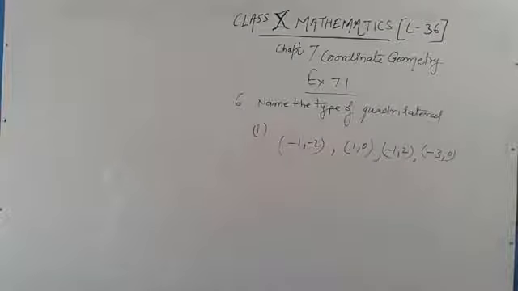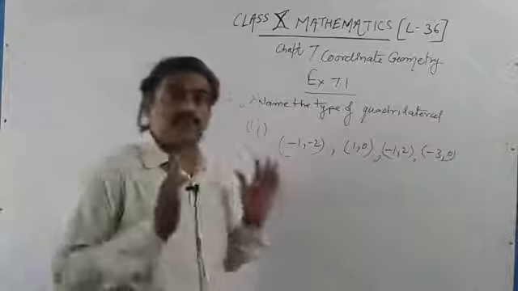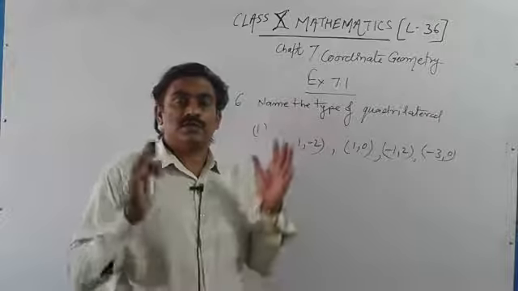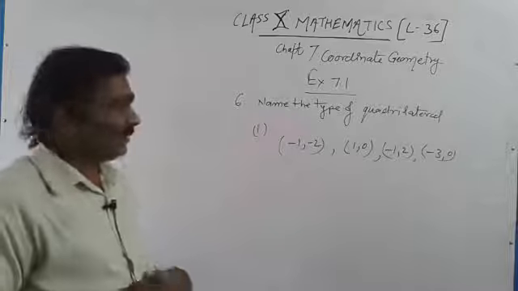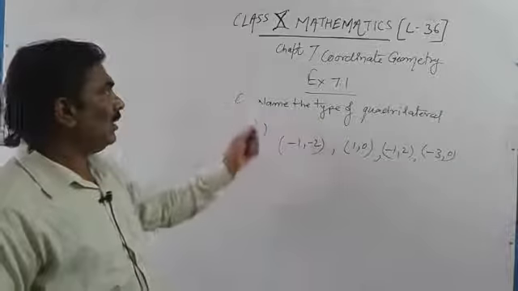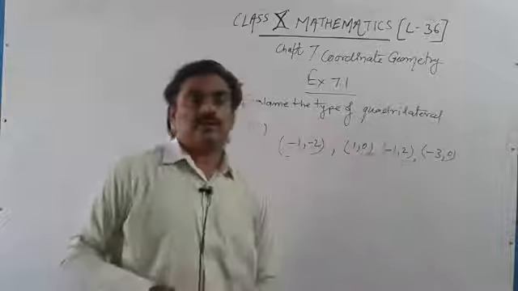So now students, here we have question number 6, and question number 6 consists of 4 parts. Here we would like to solve the first part. So see the question: name the type of quadrilateral.